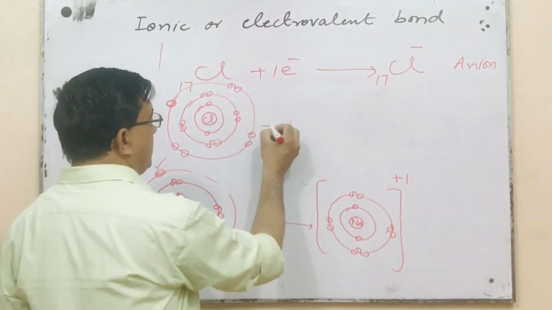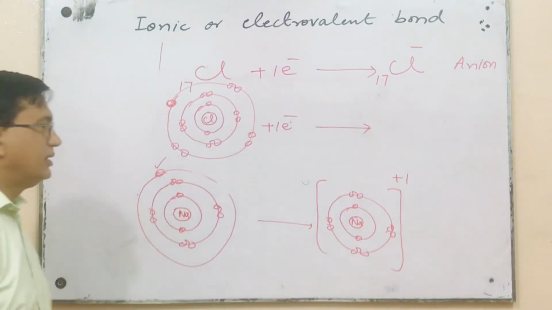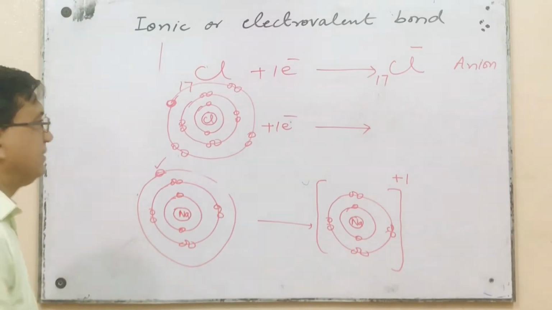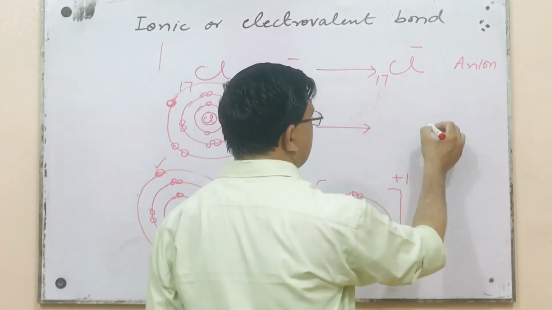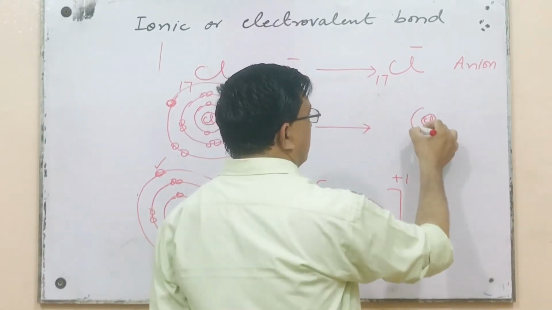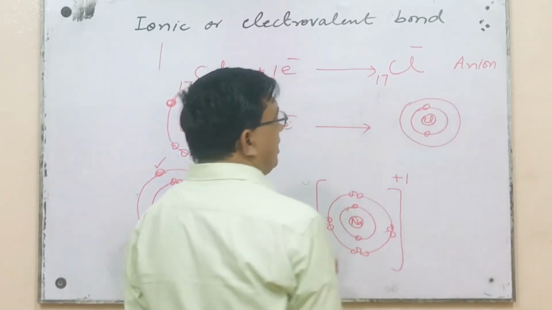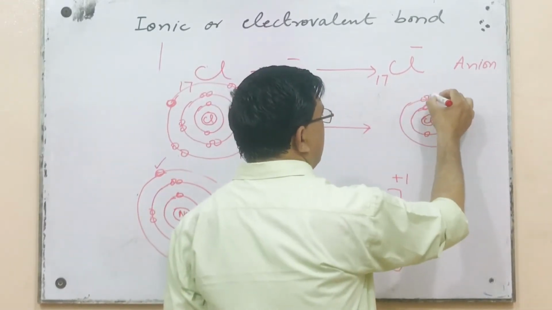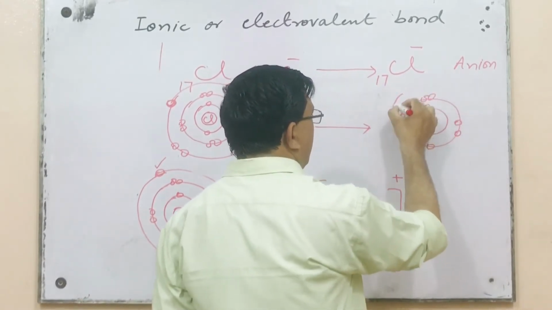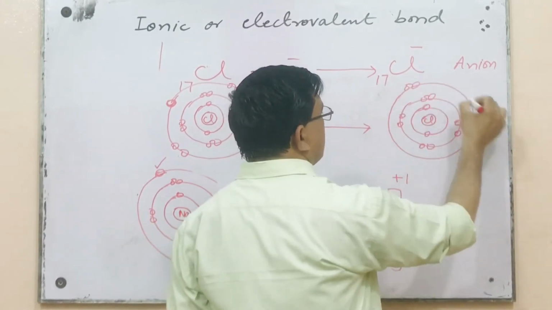If this chlorine atom gains 1 electron, then this will be represented as Cl. First shell contains 2 electrons, second shell contains 8 electrons, and third shell also contains 8 electrons.